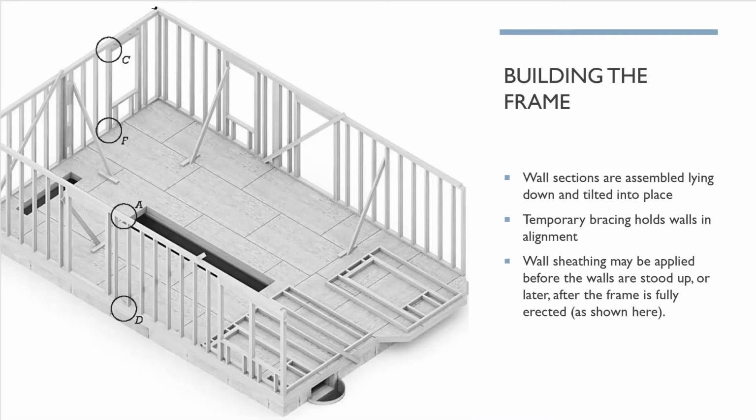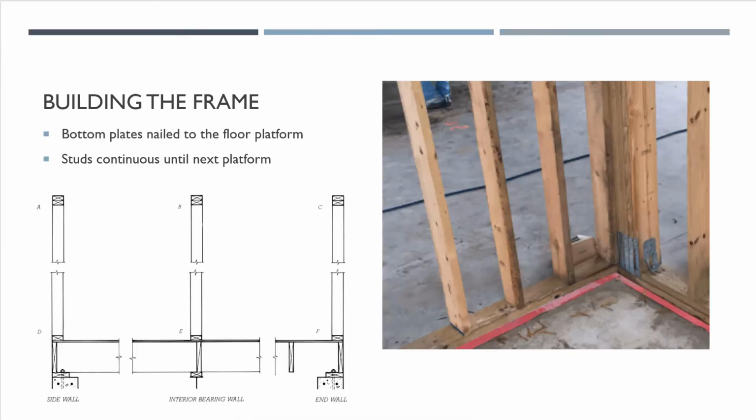So what you'll see here is I've got my first floor, I've got my band joist, and then I'm going to tack on my bottom plate. This is an interior wall, so it looks a little different, but the piece that my studs actually attach to is my bottom plate, and that's this piece right here.